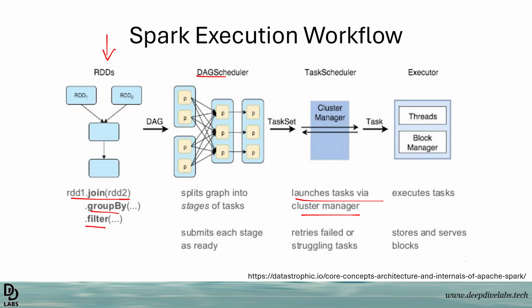Then each of the tasks is done by your worker node, right? It executes the task and then returns the update back to the driver program. As we write code, I will walk you through how the DAG gets formed, etc. But this is to give you an overview of the Spark execution workflow.